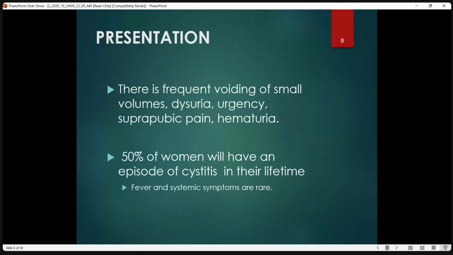And urgency, suprapubic pain. Urgency means it's something that is just coming when you're not prepared to receive it. And then we have the suprapubic pains. Then we have hematuria. Hematuria is blood in the urine. These are some of the typical clinical features of the lower urinary tract.